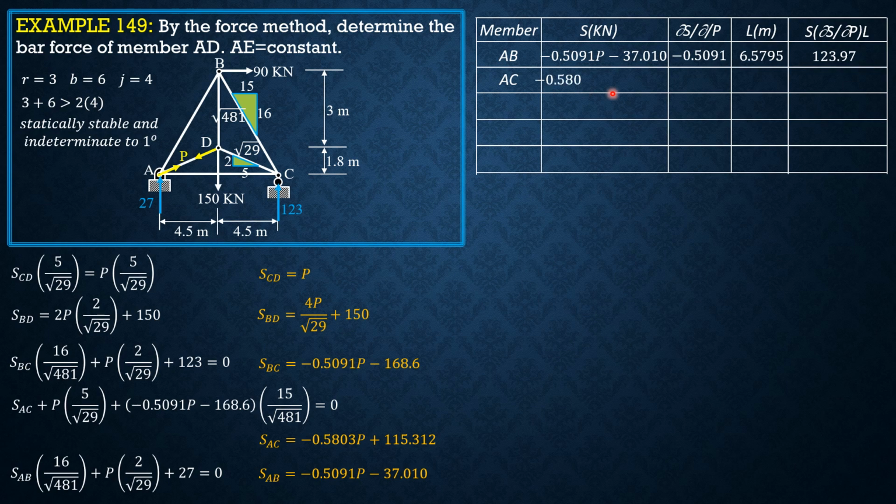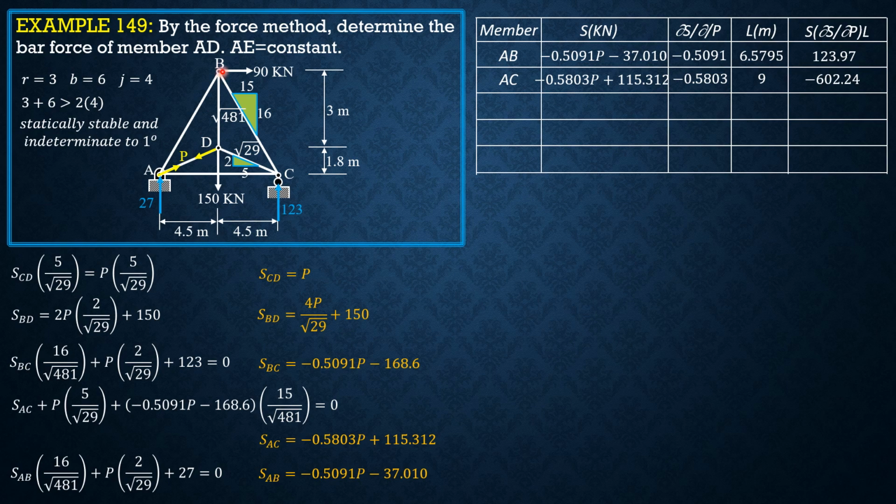Then after AB is AC, and negative 0.5803P plus 115.312. The partial derivative negative 0.5803. The length of AC is 9. And the product after setting P to 0 is negative 602.24. Then supposedly there's no member AD, remember.